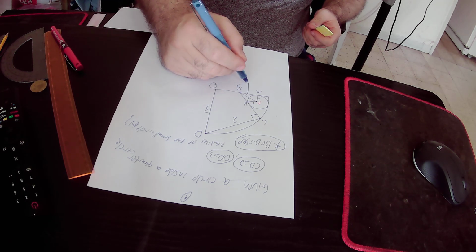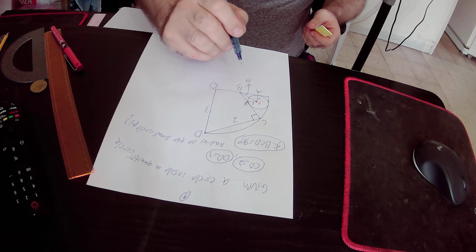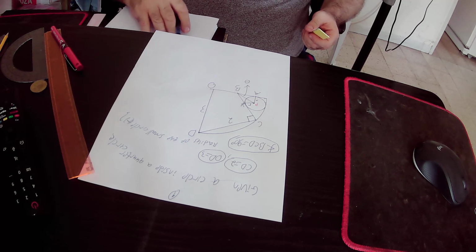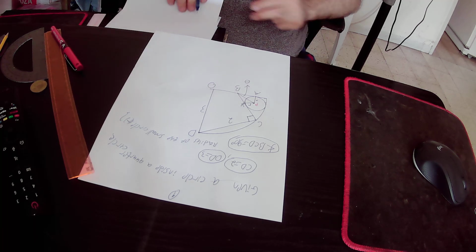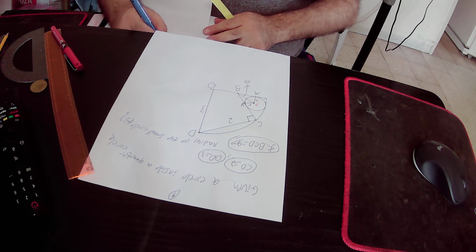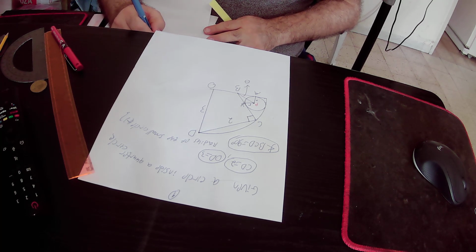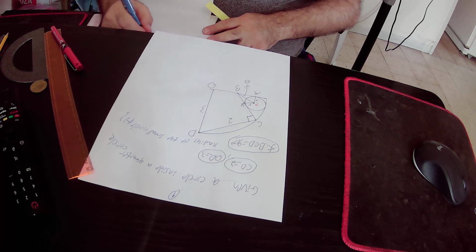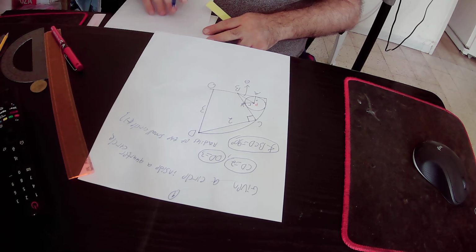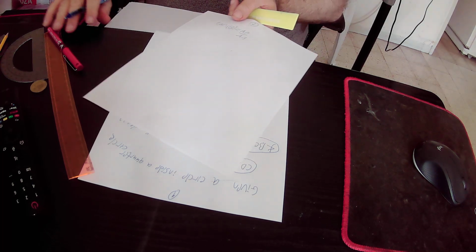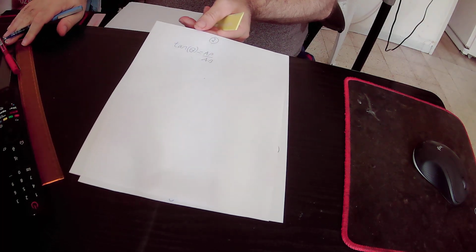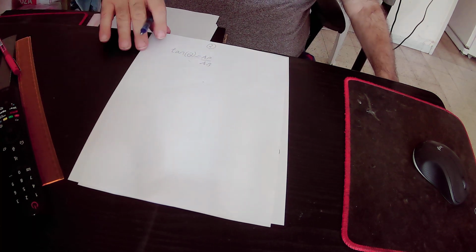This angle will be defined as theta, and we know that tangent theta equals AP over AB. Okay, again, tangent theta equals AP over AB.